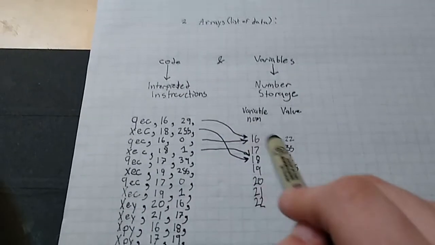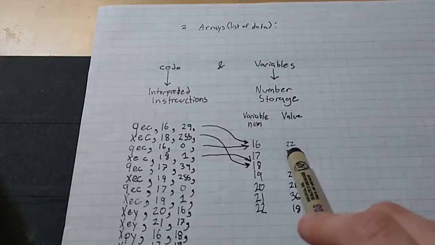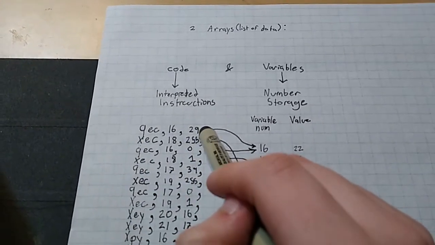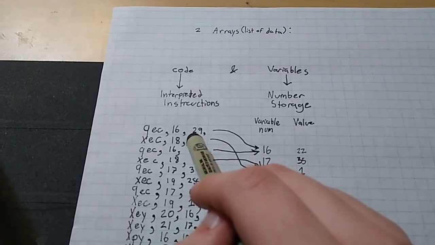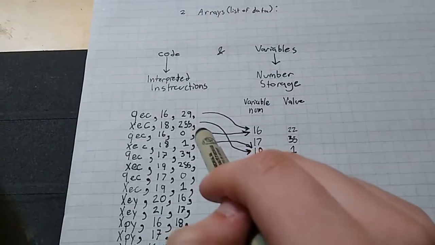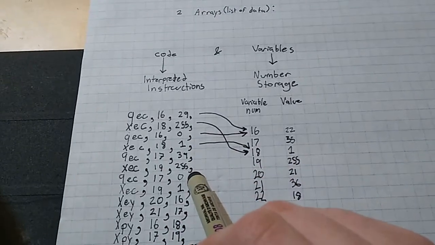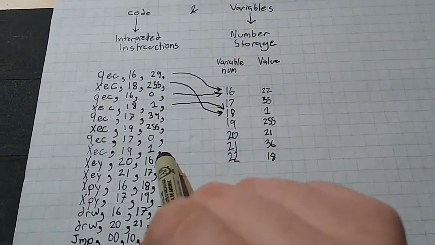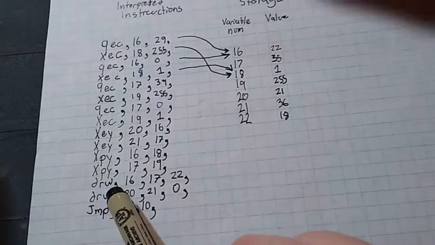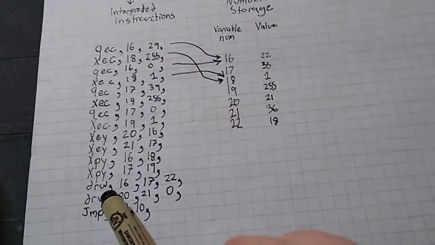It goes down here, checks it out. Nope, it's 22. If this is true, it executes the following command, otherwise it jumps over it. And then it does similar things all the way down here, where it starts doing some more complex commands, including a draw command, which I'll get to later.